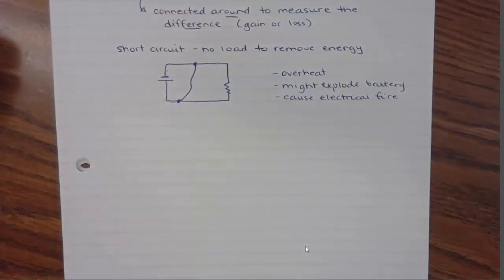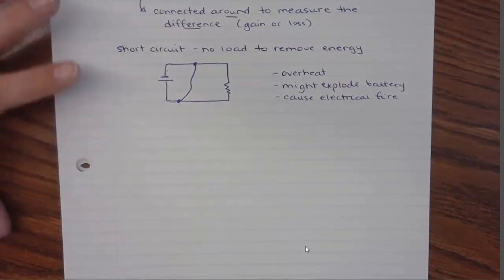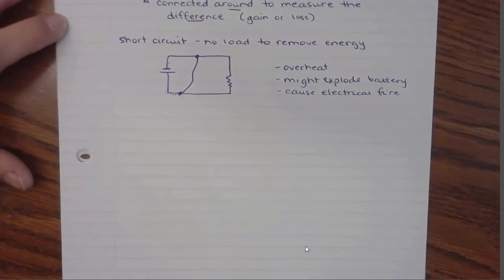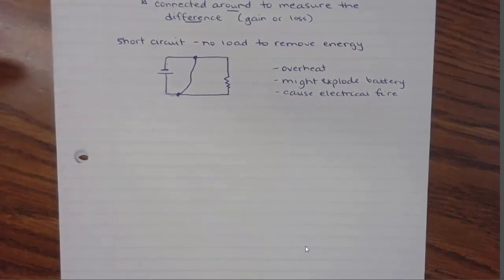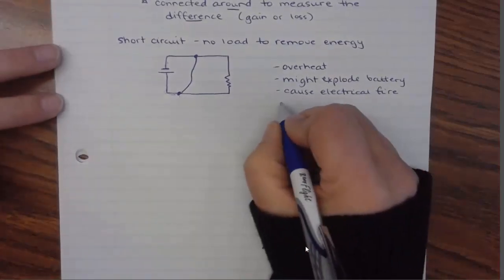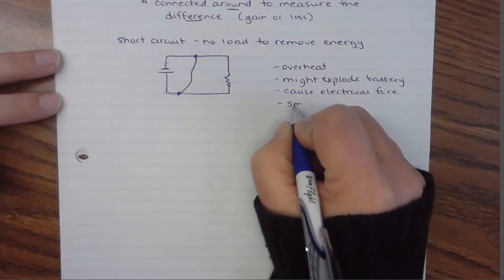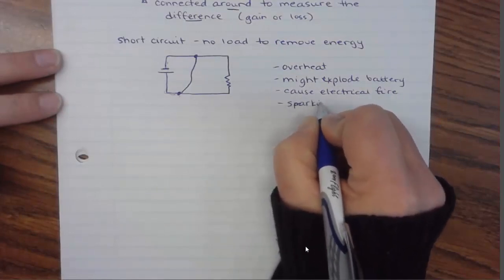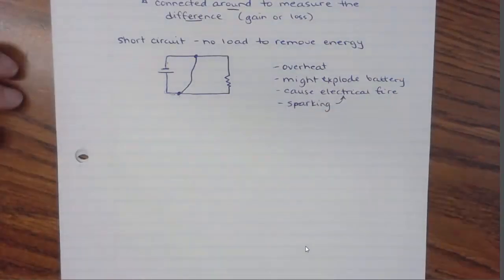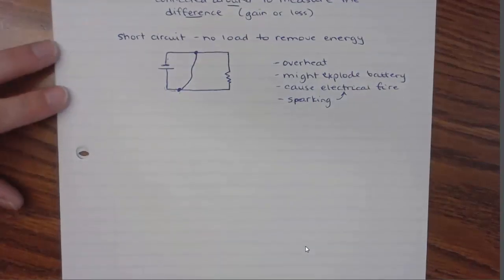And so that is going to cause overheating, especially with a battery. If a short circuit were to happen in your home, where there's alternating current, it might cause sparking and also cause an electrical fire again.